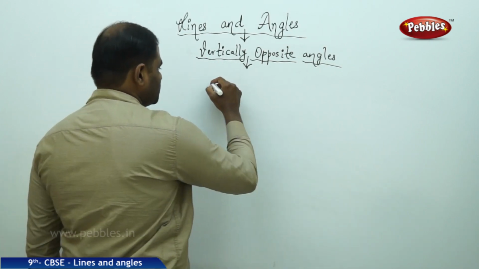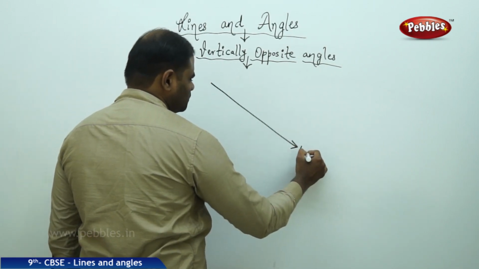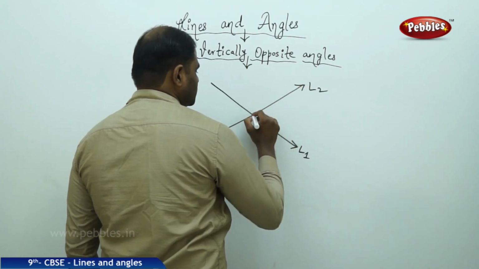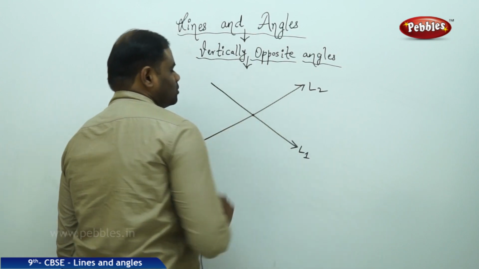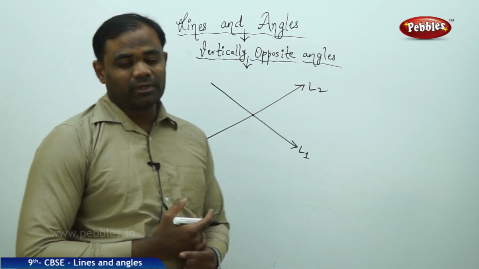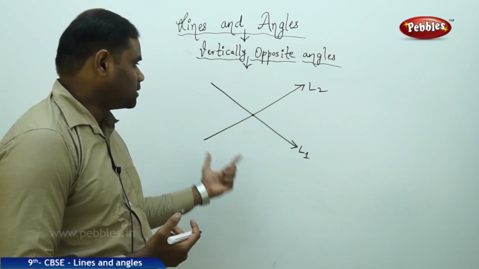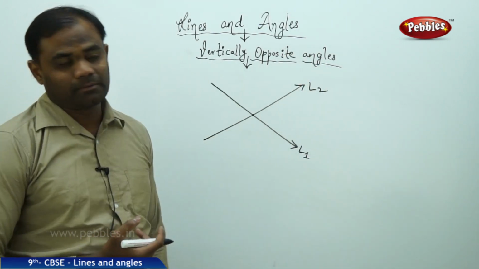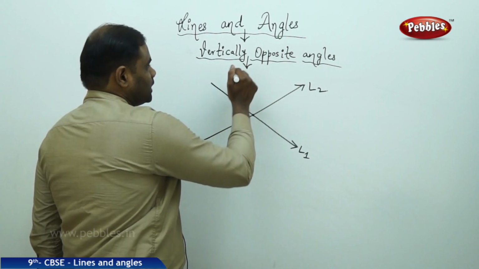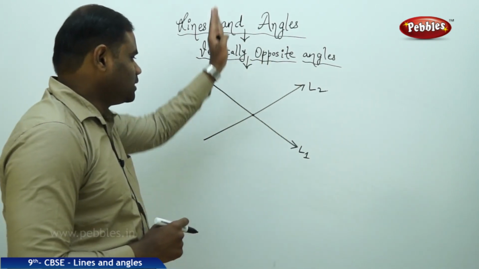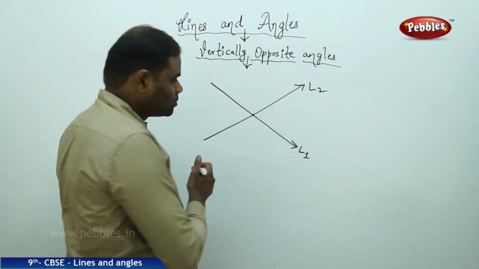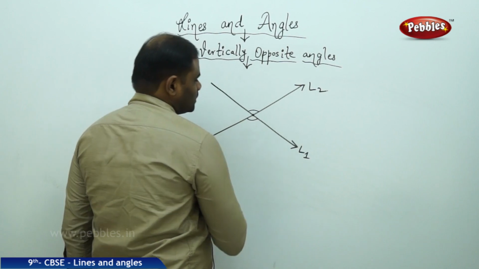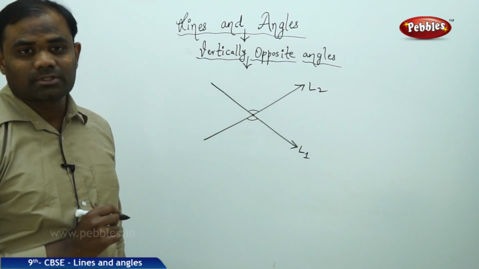Say for example, my line L1 and my line L2 intersect at this point. Now let's see how we can define the vertically opposite angles.